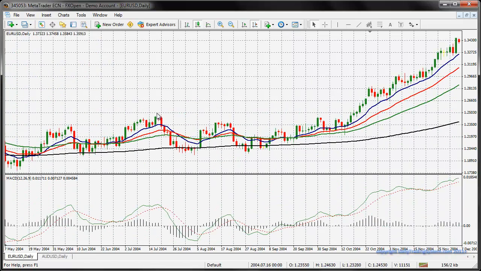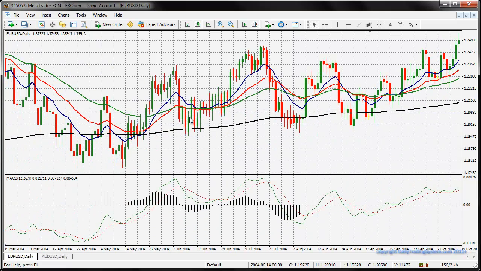You want to find where they all line up at the same time. This one didn't, and these ones kind of did. So you would have got in very early and taken that trade all the way up. But again, you want to make sure that these are lining up as well at the same time.